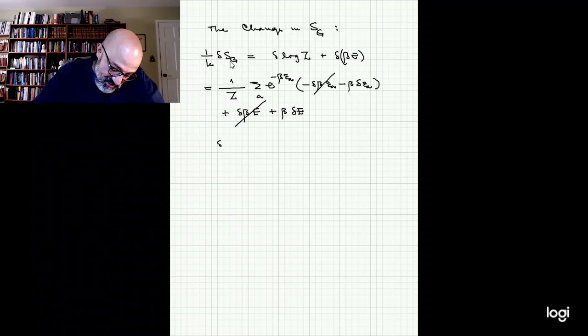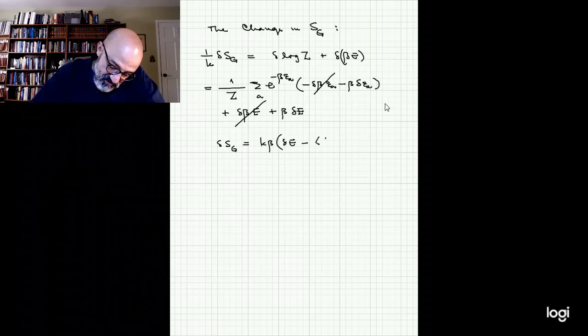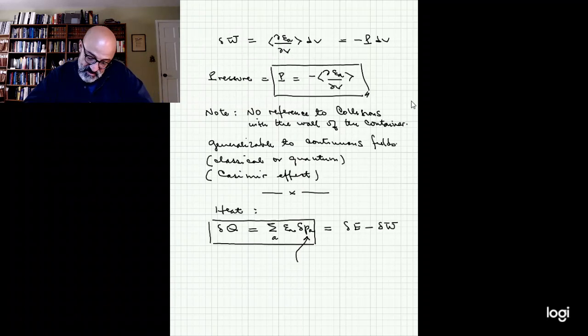And so the remaining piece is that the change in the entropy is going to be k beta, and then there is going to be the delta E that comes from the last term, minus beta, and here we have the expected value of delta E, minus the expected value of delta E, which happens to coincide with what we call here heat.